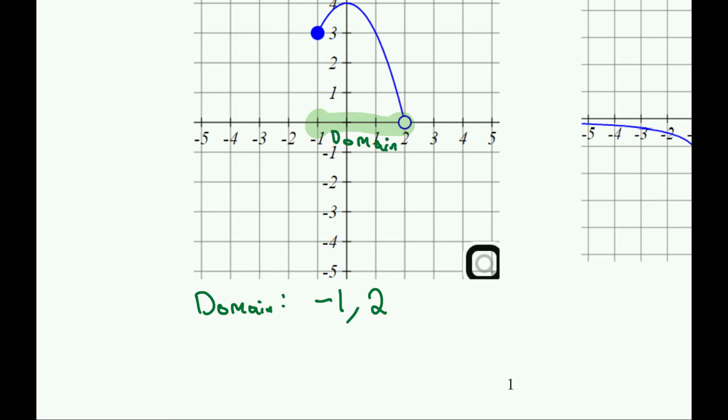And it's going to be square brackets on the left and parentheses on the right. And the reason for that is going to be this empty circle here. This empty circle indicates that the value of 2 is not actually part of the function. So empty circle means not part of the function.